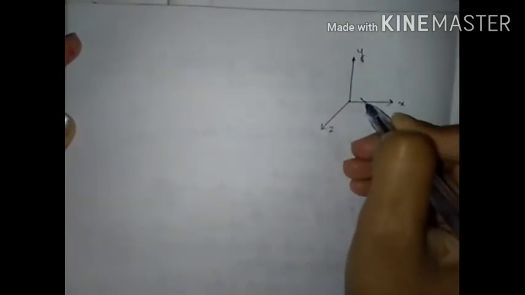Now let us see the dot product of two unit vectors. You have x, y and z axes. The unit vector along the x axis is i cap, along the y axis is j cap, and along the z axis is k cap.